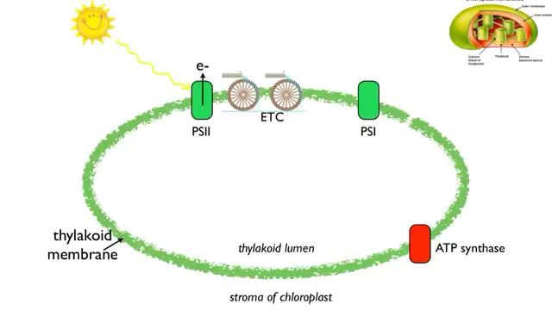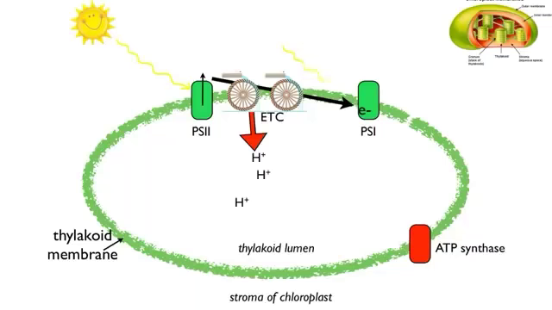As the electron passes through these proteins, the energy in the electron is going to be harnessed to do cell work. So the electron is going to fall through these proteins, and the energy is going to be used to pump protons against their gradient into the thylakoid lumen. So we're creating a gradient of protons here.